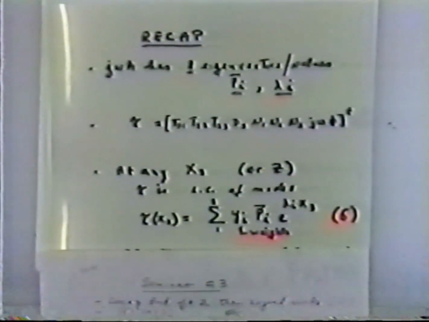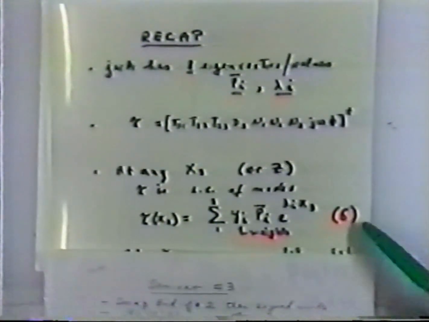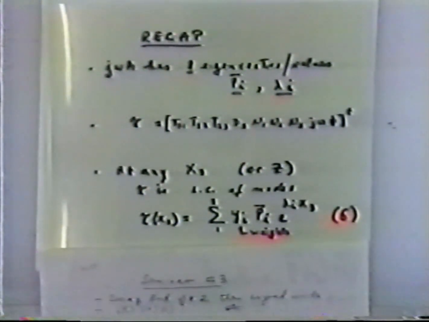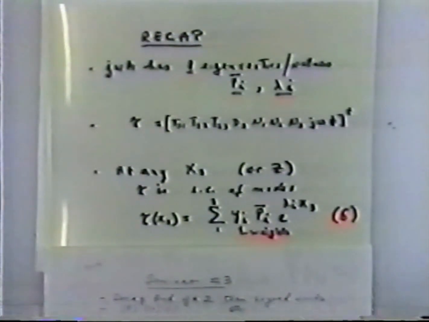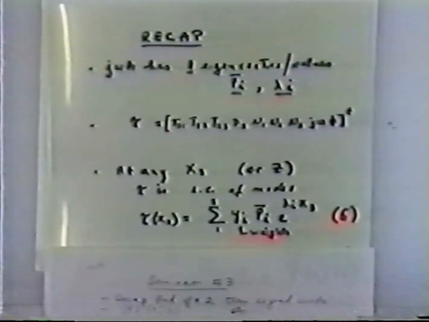Now, each mode is characterized by an eigenvector and eigenvalue. So if you look back on equation 5, which I've repeated here, we just have the fact that at any location x sub 3, or z if you're using z as your coordinate system, that vector can be written as a linear combination of the modes of the system.